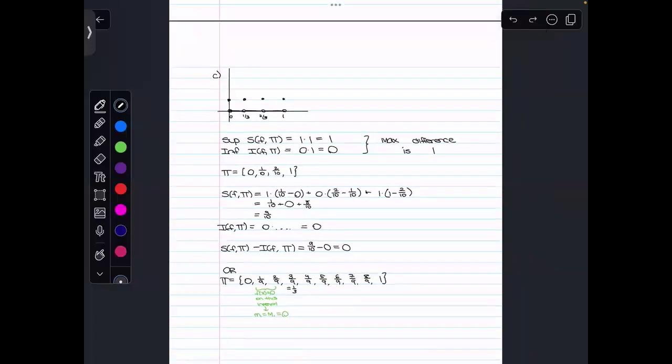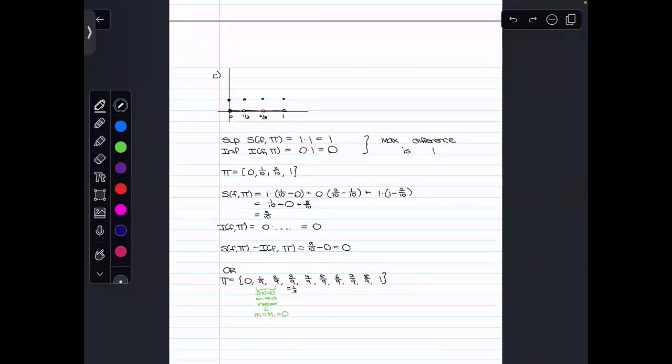Excuse me, I don't understand why you took the sup of S and the inf of I, because we usually do inf of S and sup of I. It's just because I was trying to understand the maximum difference, what that could be. Yeah, it's not something we usually care about, why do we need it?